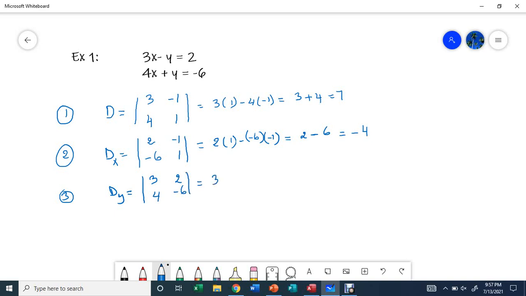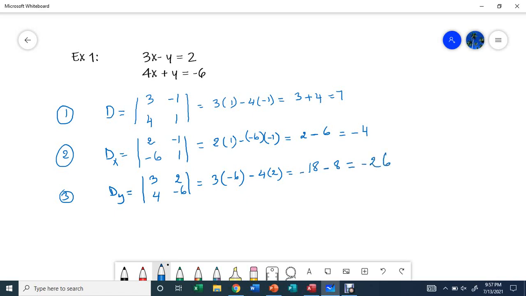So it's going to be 3 times negative 6 minus 4 times 2. I get negative 18 minus 8, which is negative 26.